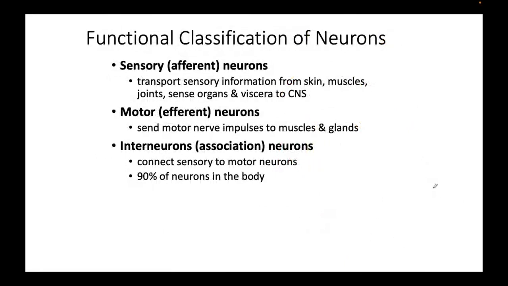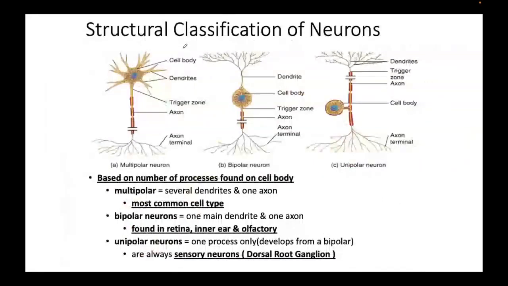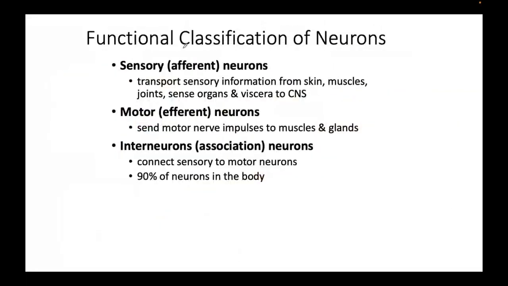Okay, still on neurons. So when we classify neurons, we can classify them functionally and we can classify them structurally. When we talk about anatomy and physiology, it's structure and function. So functionally, this should sound a little bit familiar because in one of our earlier videos, we mentioned sensory and motor. We said sensory is afferent and motor is efferent.